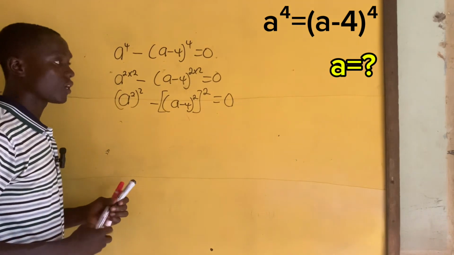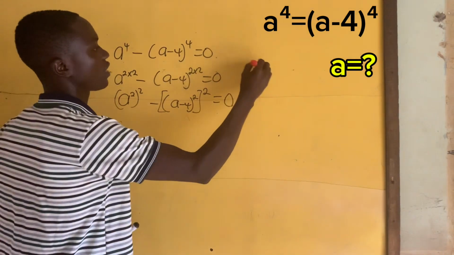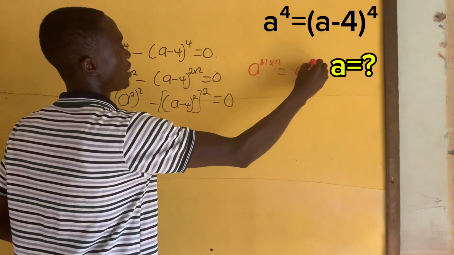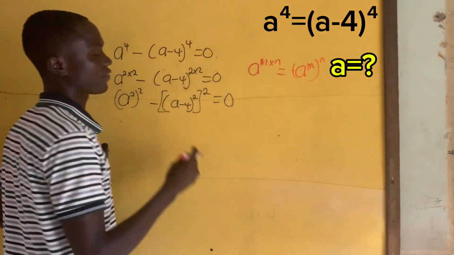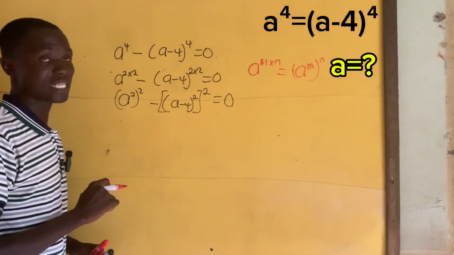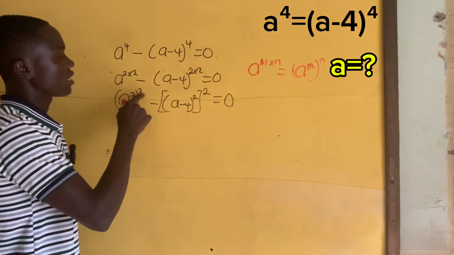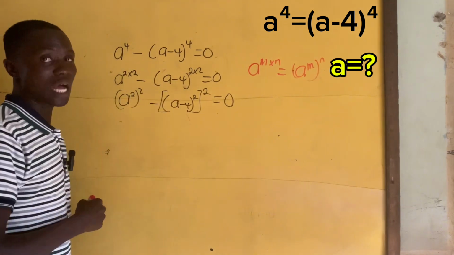This is because from the laws of exponents, if I have a power m times n, it's the same as a power m, power n. That is, I can factorize one of the powers out. Thus, I've raised a power to a power. So here, I factorize one of the twos out.